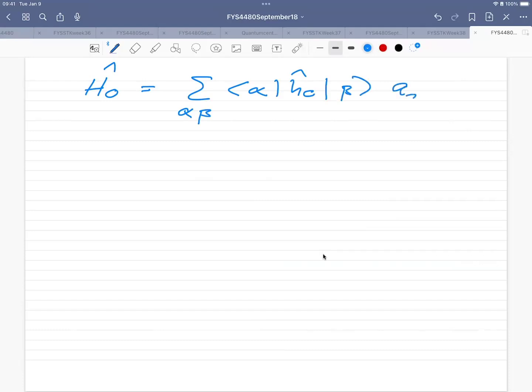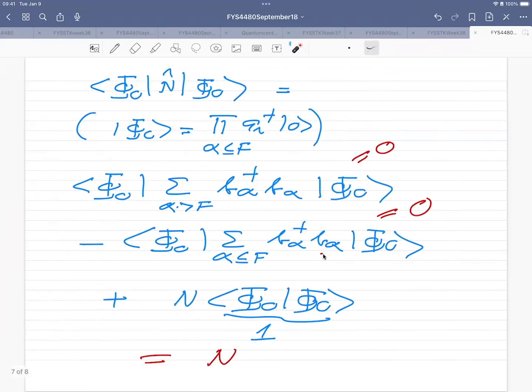So let's just keep it general like this, because if we put alpha equal to beta, which is the case when beta and alpha are eigenstates of H0, then clearly the double loop reduces to a single loop over the variables. But then this will be nothing but an epsilon alpha times A alpha dagger times A alpha. This is a constant. And then in essence, what we would get would be the same as the number operator.